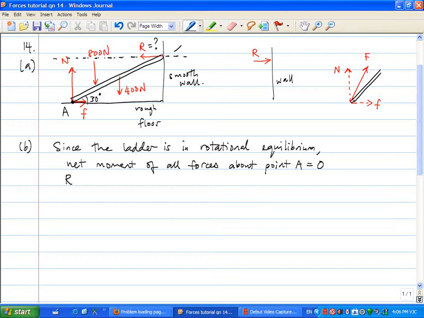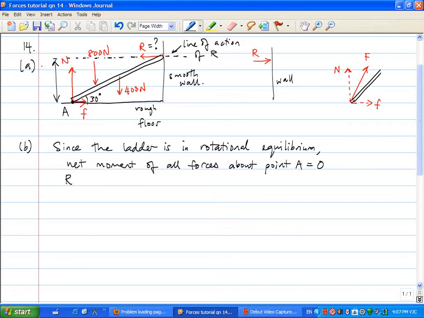To find the moment of R about point A, we need to find the perpendicular distance of this line of action of R from point A, which is basically this distance.